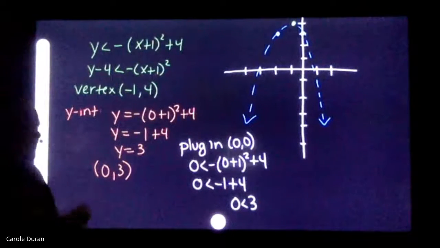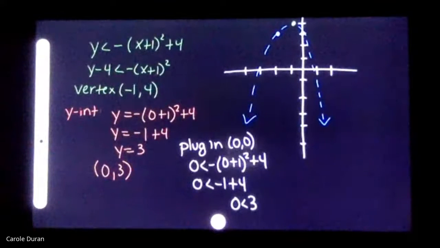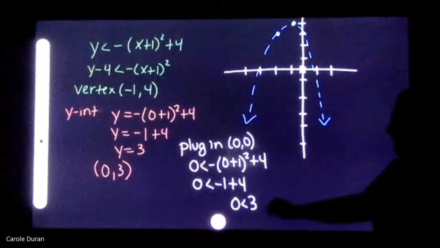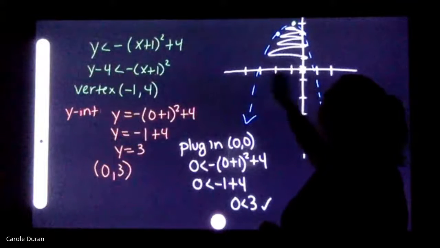So I'm going to shade the side of the parabola that 0, 0 falls in. Remember, the two sides of a parabola are inside or outside. 0, 0 is inside the parabola, and this was true, so I'm going to shade everything inside of my parabola.